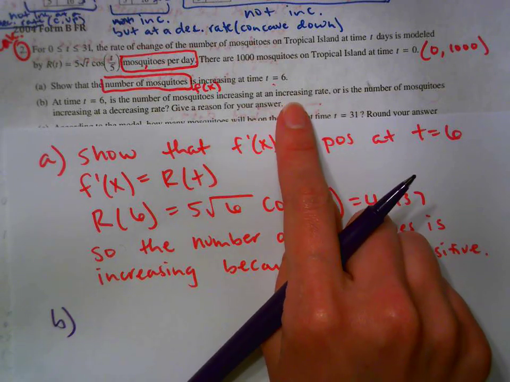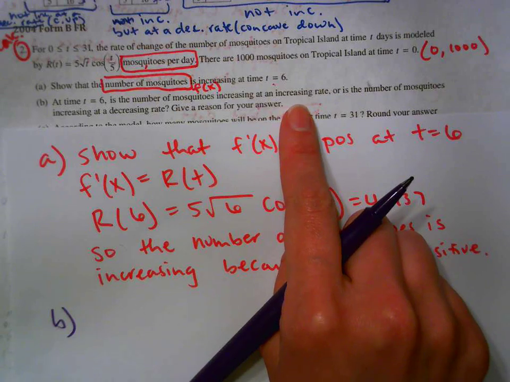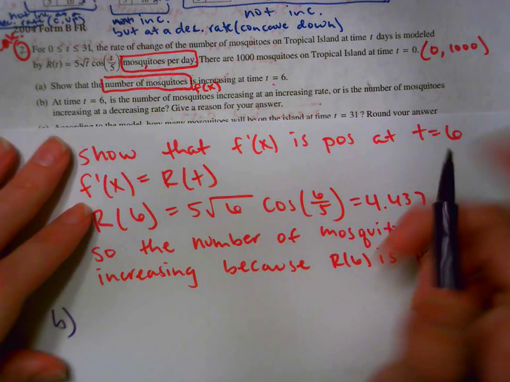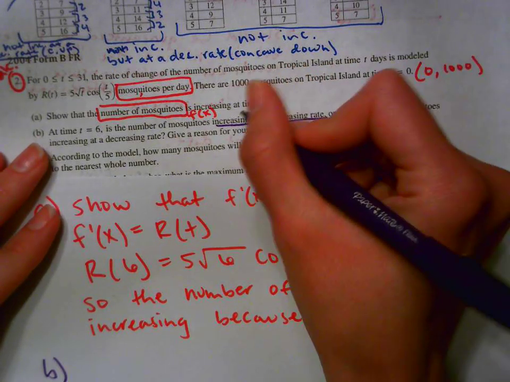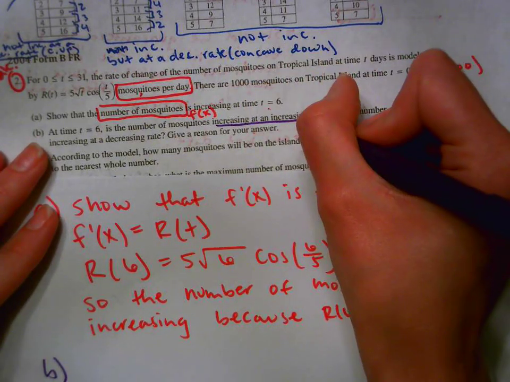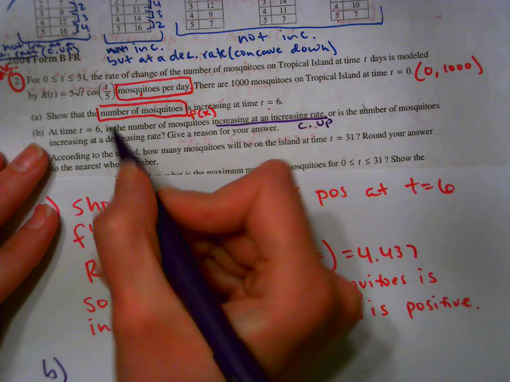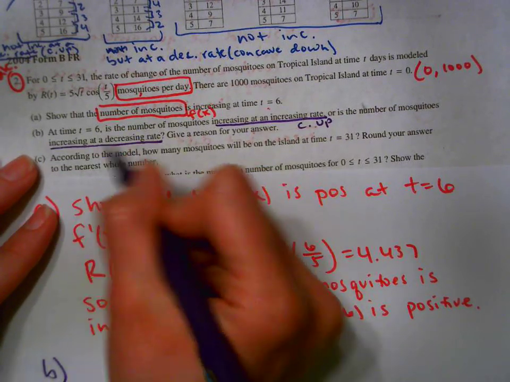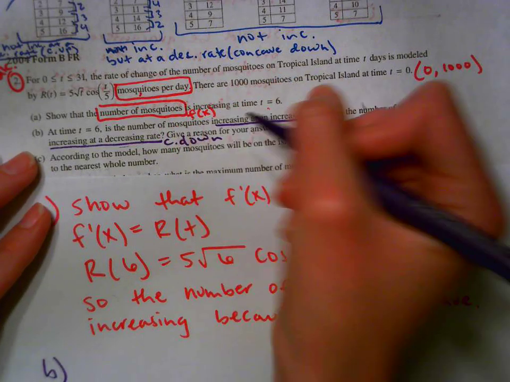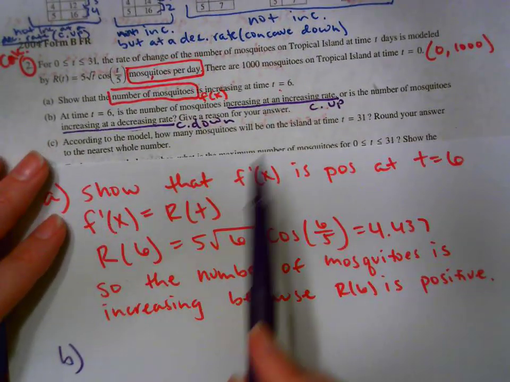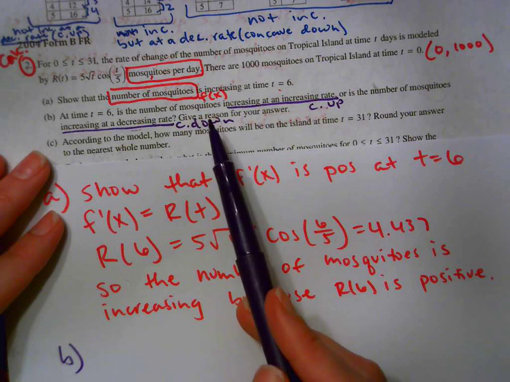When it's worded like that, really what that is is the concavity of the original graph. If it's at an increasing rate, that would be concave up. And if it's increasing at a decreasing rate, that means concave down. So we're trying to determine, is our original function concave up or concave down?